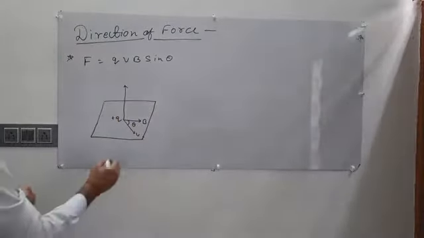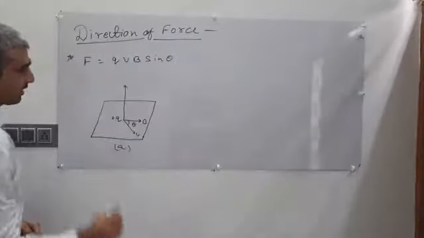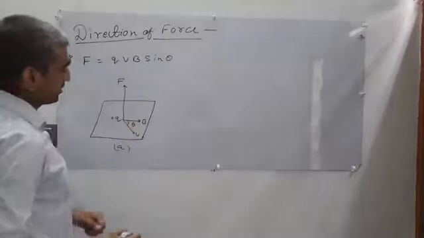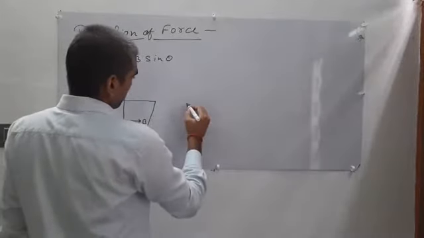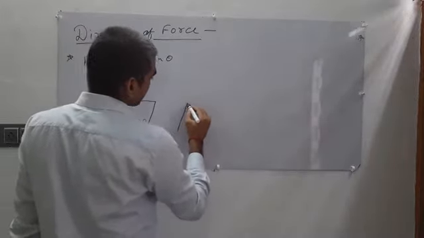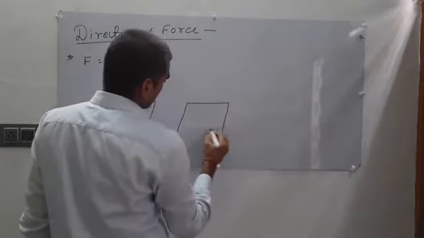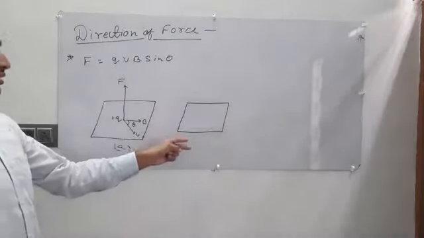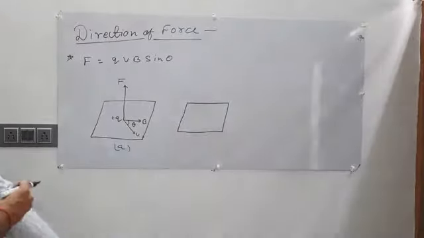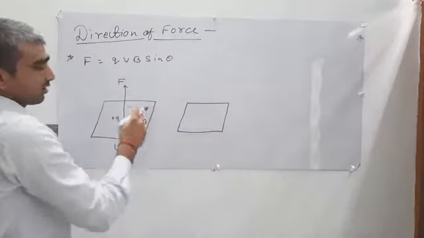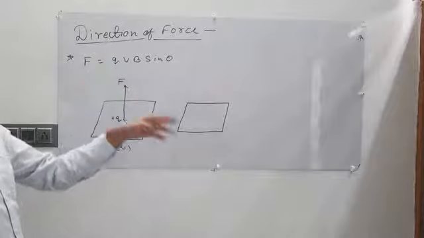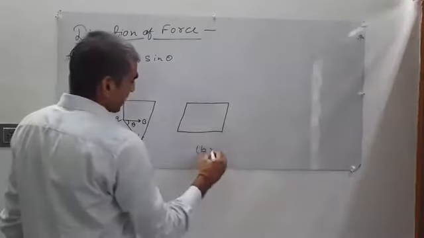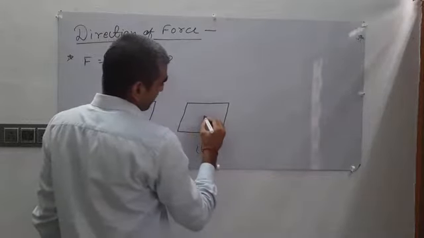This is figure A, and this is F. Now if we look at the direction of force for a negative charge, then the direction of force will be perpendicular, downwards from the plane.